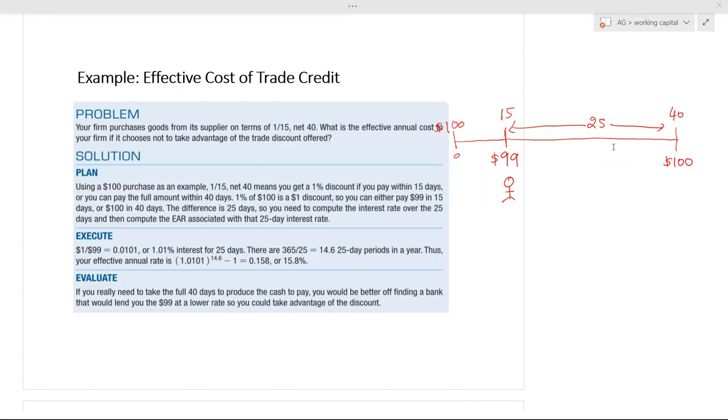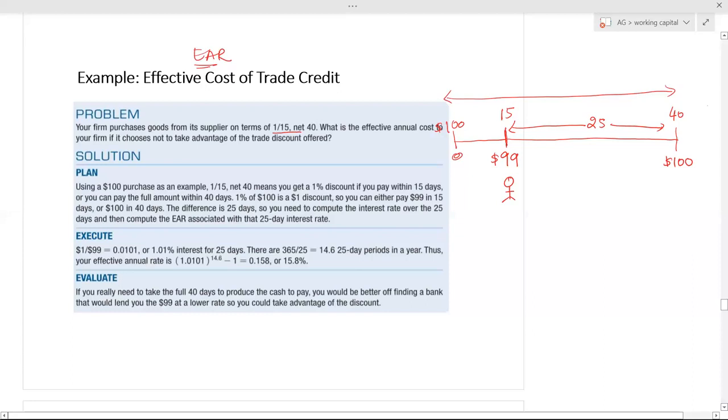Effective cost of trade credit is similar to when we talk about the effective annual rate, so we need to understand this. First of all, your firm purchases goods from its supplier on terms of 1/15, net 40. 0 to 40 is the total period, and 1/15 means if you pay in 15 days, you get a discount of 1%.